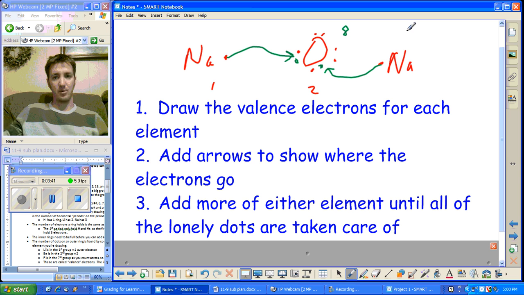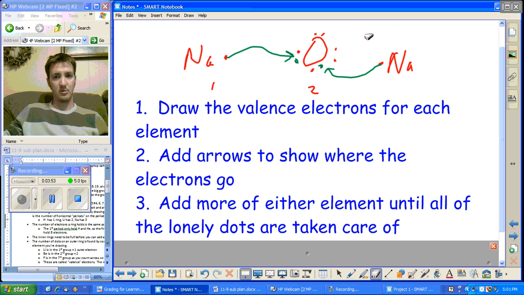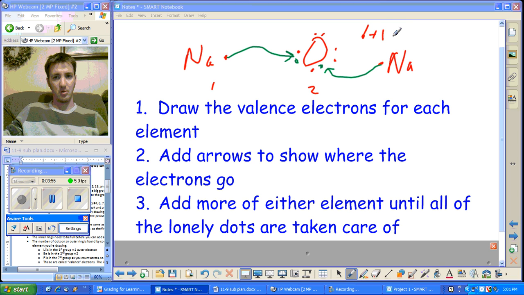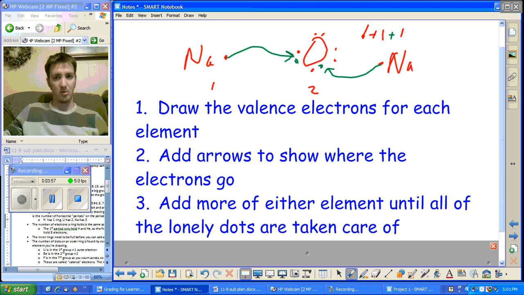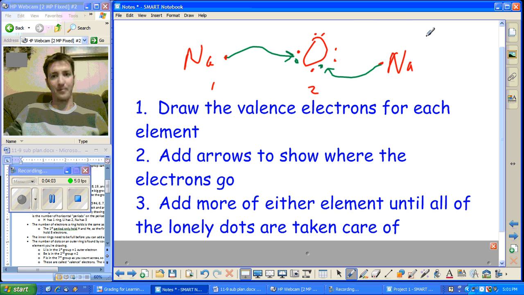Each sodium has, underneath that shell, another full shell. So they would each have 8. The total valence electrons are 6 for oxygen, plus 1 for the sodium, plus another 1 for the sodium. So it's a total of 8 valence electrons altogether. There's a pattern with these. Whatever that number is, it's always going to be a multiple of 8. So we'll see some other examples of those later.